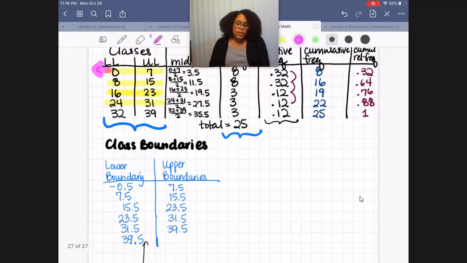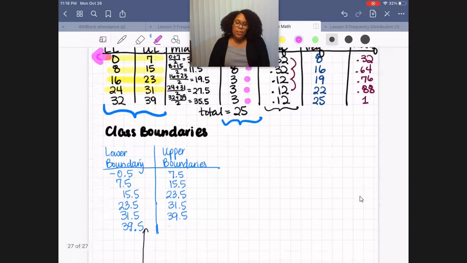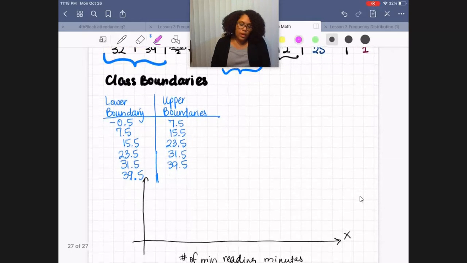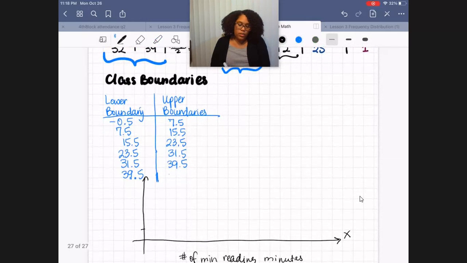So my frequencies go 8, 8, 3, 3, 3. So maybe I can go up to 10. So I think I got room. So we can do a 2, 4, 6, 8, 10. Bam, that'll work. 2, 4, 6, 8, 10. I know halfway in between there is going to be my odd values.